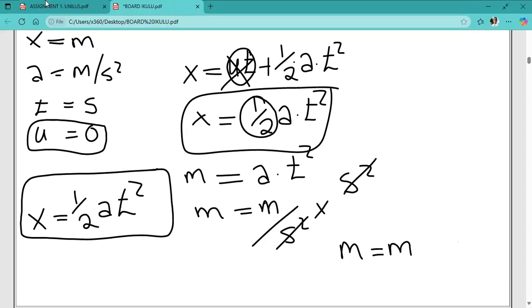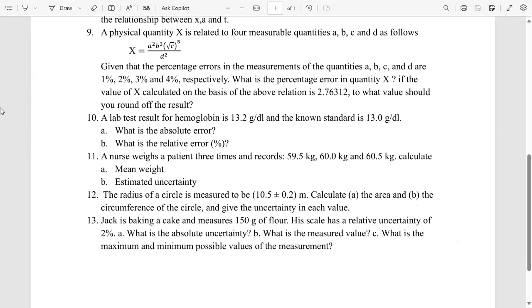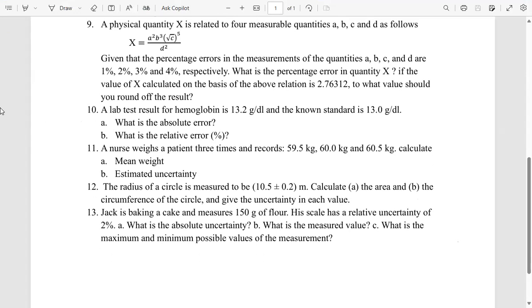Okay, now move on to the next one, which is question 9. Also, somehow looking a bit complicated. Question 9 is saying a physical quantity x is related to 4 measurable quantities A, B, C, and D as follows. X is equal to a squared, b to the power 3, open bracket, the square root of c, close bracket, to the power 5, divided by d squared.